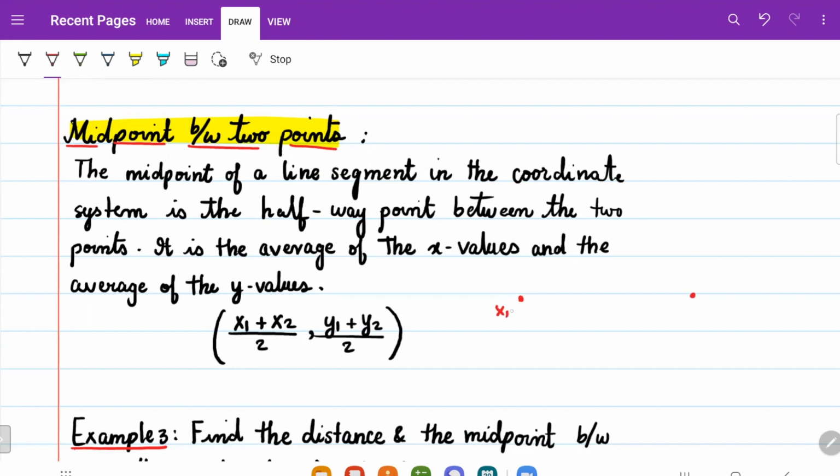Let's call them x1, y1 and x2, y2. And we join them using a line segment. And we want to know what is the midpoint here. So this is basically saying that you're averaging your x values and you're averaging your y values to get your midpoint here.